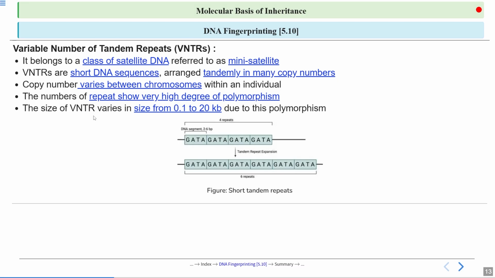The size of a VNTR varies, from 0.1 kilobase pairs to 20 kilobase pairs due to this polymorphism. So you understand how much variation it has. This is what variable number of tandem repeats is.